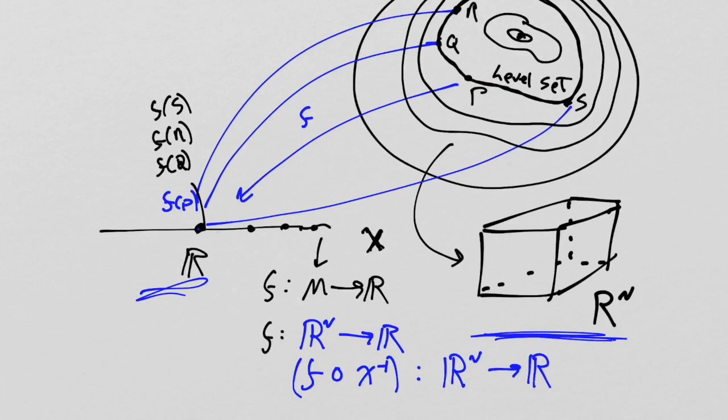So the function that goes from Rn to R is actually f after x inverse, right? That's the name of the function that graphs from Rn to R. And that function is differentiable. And that's what we mean by a differentiable function from the manifold: we're talking about the differentiability of this guy.